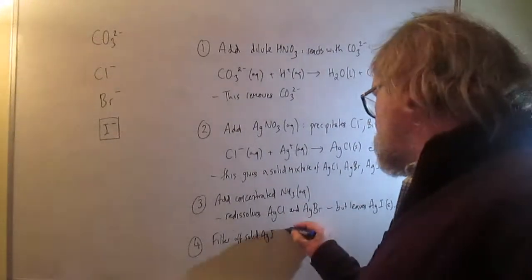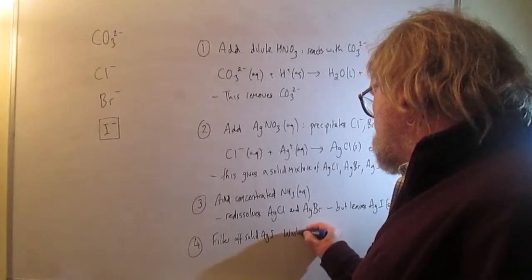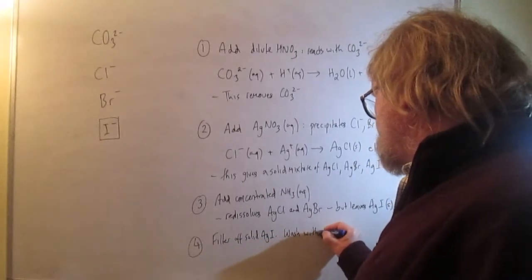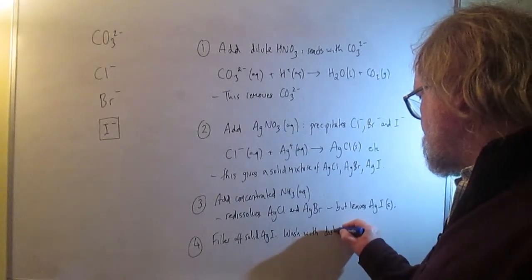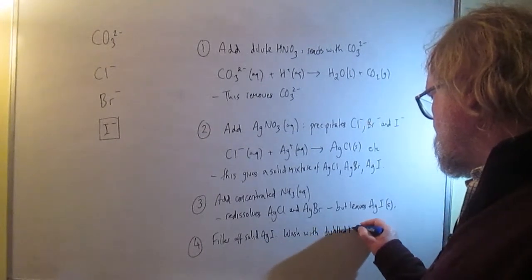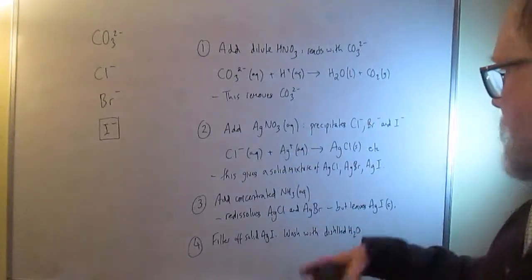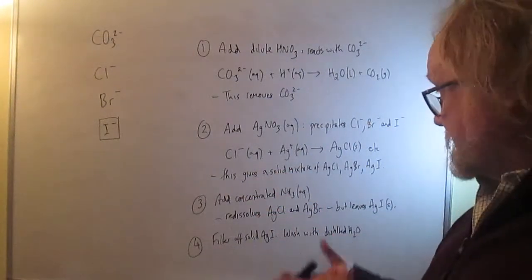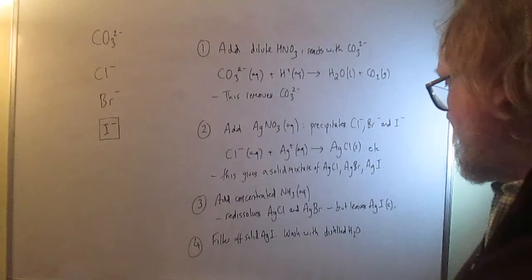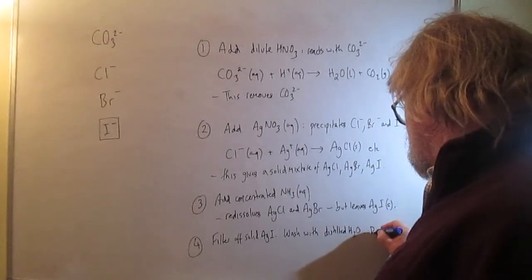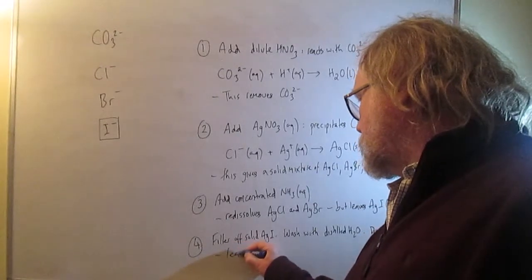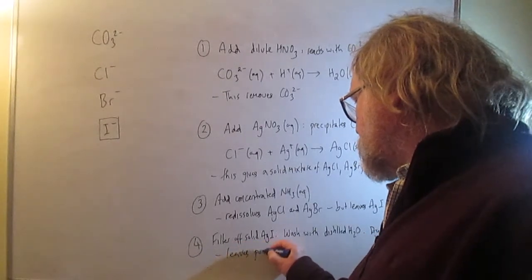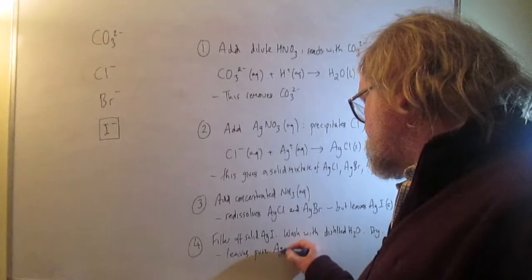So you wash with something it's not going to dissolve in, and silver iodide is obviously insoluble in water, so wash with distilled water. And that will get rid of the solution that's sticking to the silver iodide, and then you dry it, and that will leave you pure silver iodide solid.